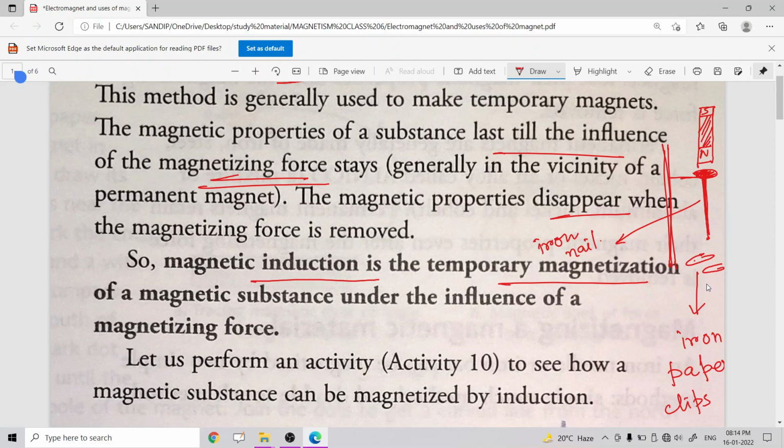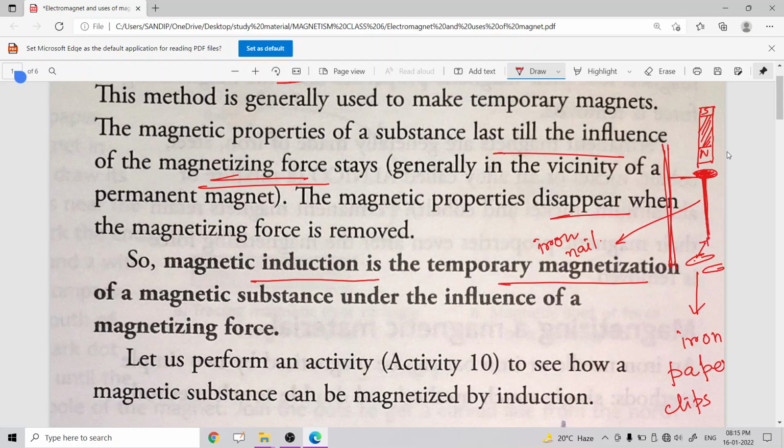Then we can see that the iron paper clips are attracted by the iron nail. That means due to the strong magnetic field of the bar magnet, the iron nail becomes magnetized. That is why the iron paper clips are attracted by the iron nail. In this way we can make the iron nail into a magnet.